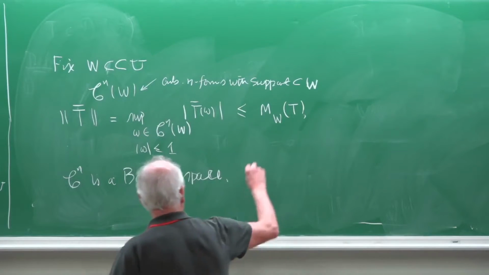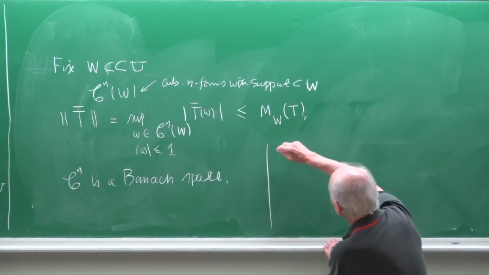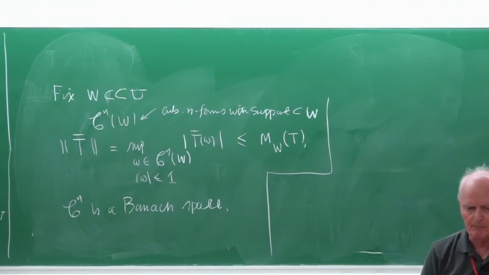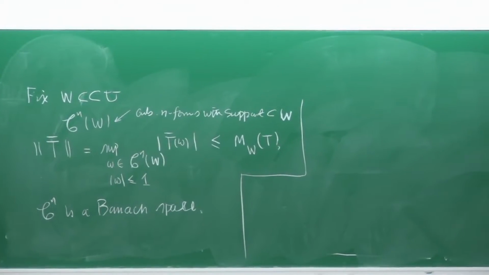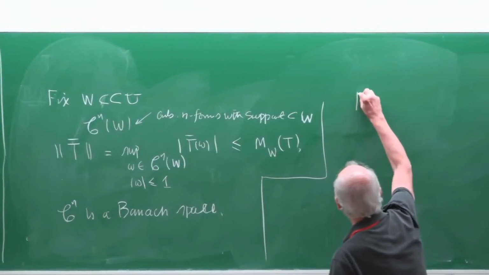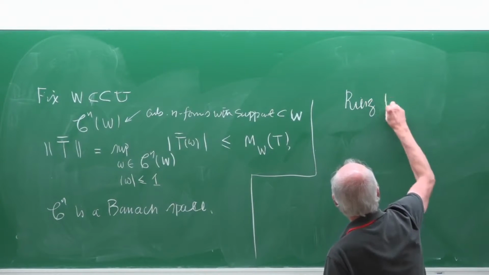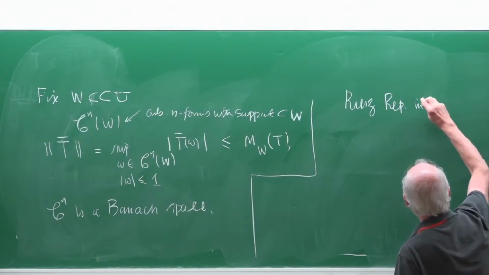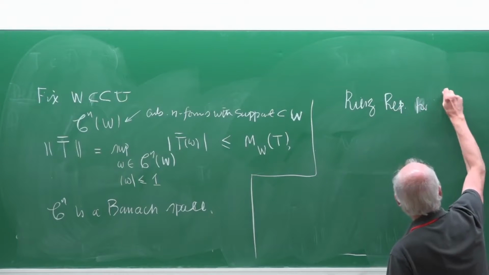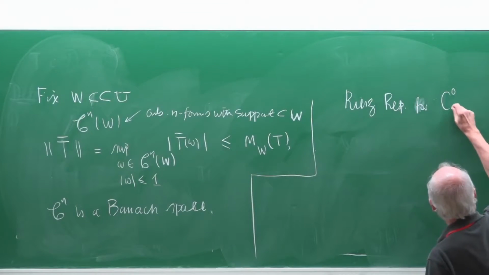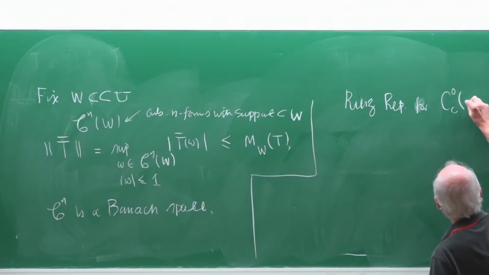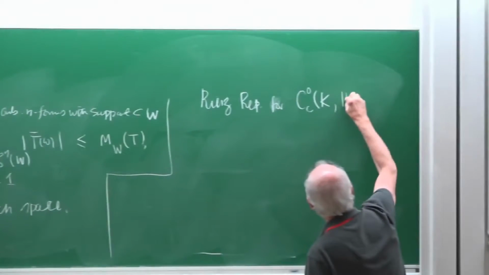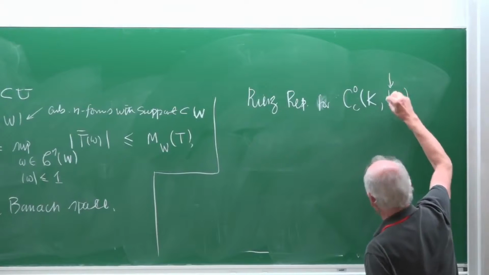Let me remind you what that says. If you're unfamiliar with this, you'll find a discussion of it in the first chapter of the text. The Riesz representation theorem is a theorem about the continuous functions with compact support on a compact set with values in a Hilbert space, a finite dimensional Hilbert space.